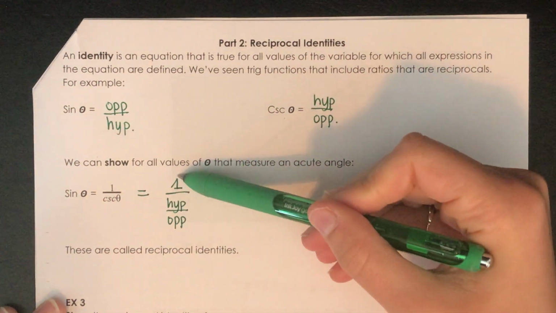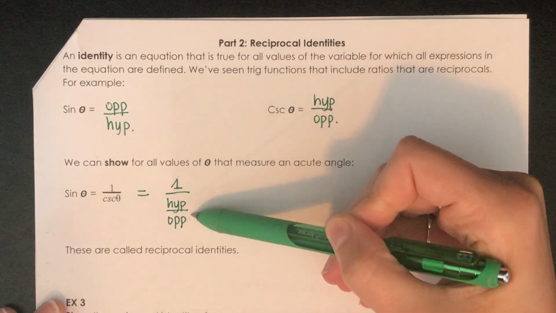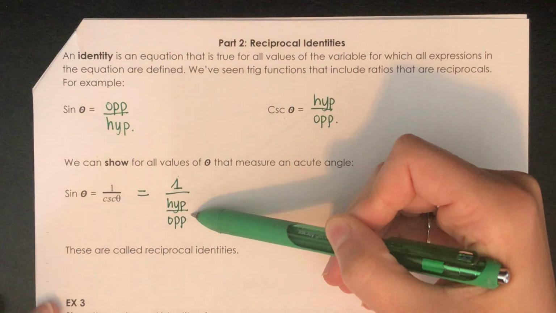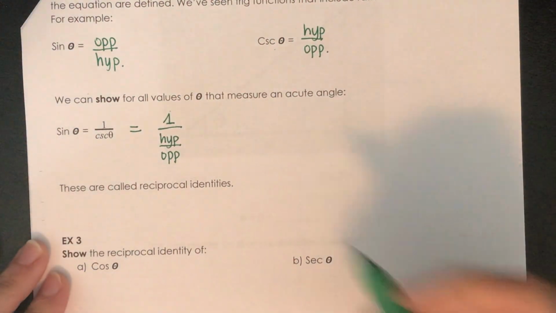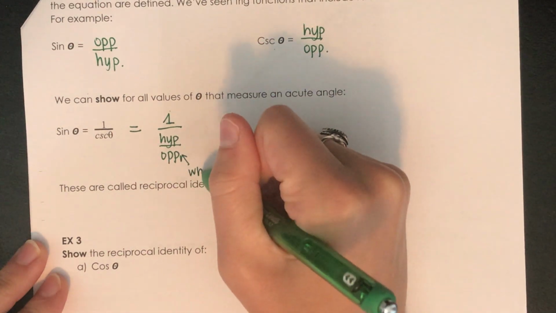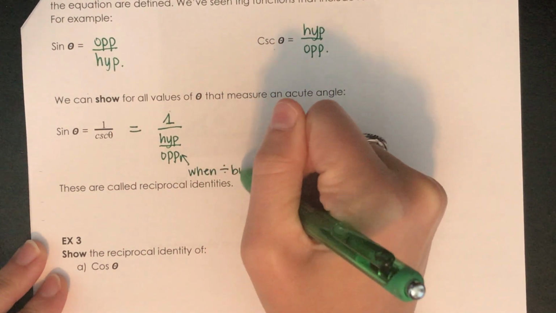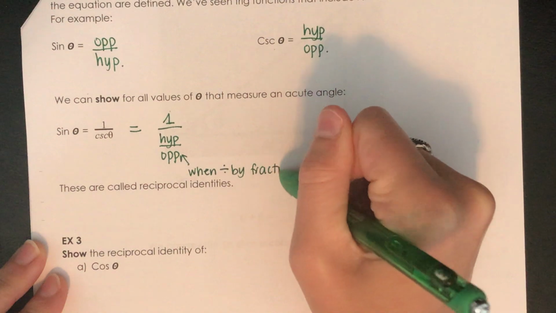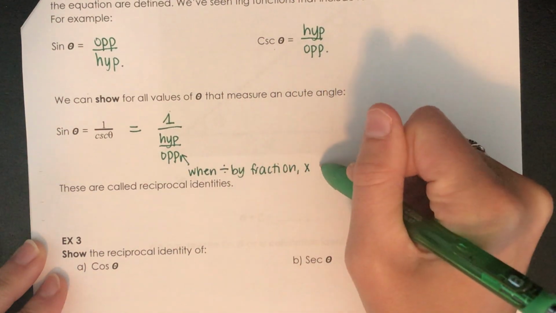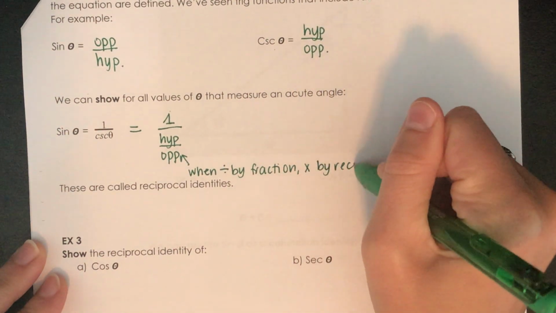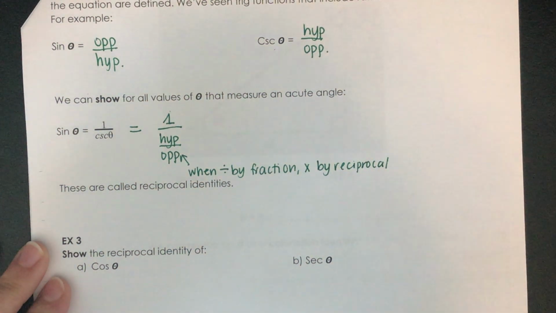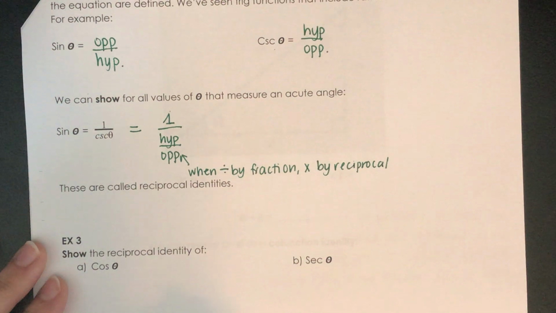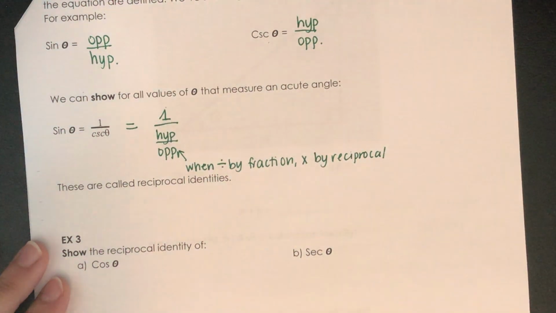Now, if you've got a number divided by a fraction, when you're dividing by a fraction, you really can multiply by the reciprocal, okay? So dividing by 1/2 is the same as multiplying by 2, right? Dividing by 1/3 is the same as multiplying times 3.